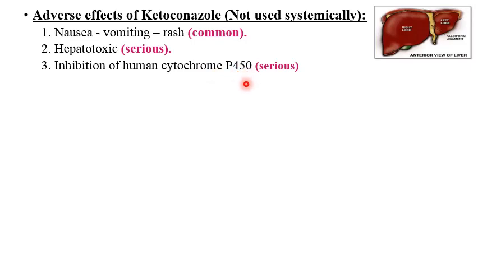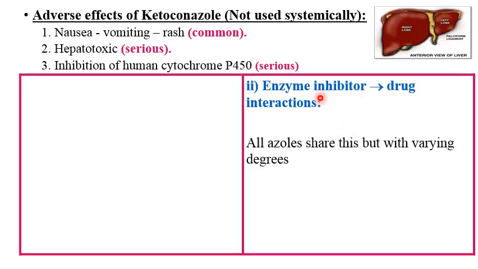It cannot differentiate between the human and the fungal cytochrome P450. So as it inhibits the fungal cytochrome P450 or 14 alpha demethylase, it will inhibit this enzyme also in humans, leading to serious complications. First, this leads to inhibition of the metabolism of certain drugs metabolized by this enzyme, and this will lead to elevation of the serum level, so it acts like an enzyme inhibitor, and this leads to serious drug interactions.